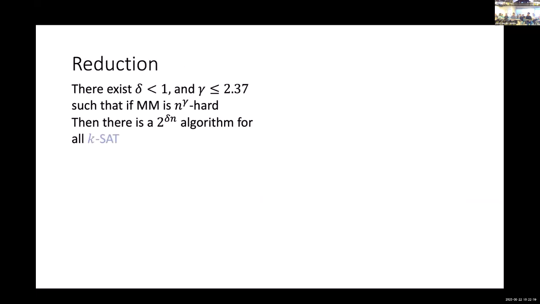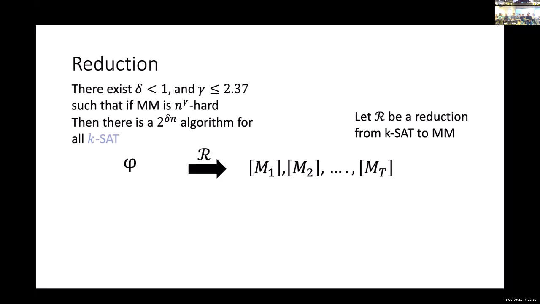Let's assume that there's some gamma where matrix multiplication is n to the gamma hard, where gamma is whatever omega value you want to choose. Then let there be such a reduction that takes a formula and maps it to a bunch of matrices. Now the claim is the following. There are three cases.